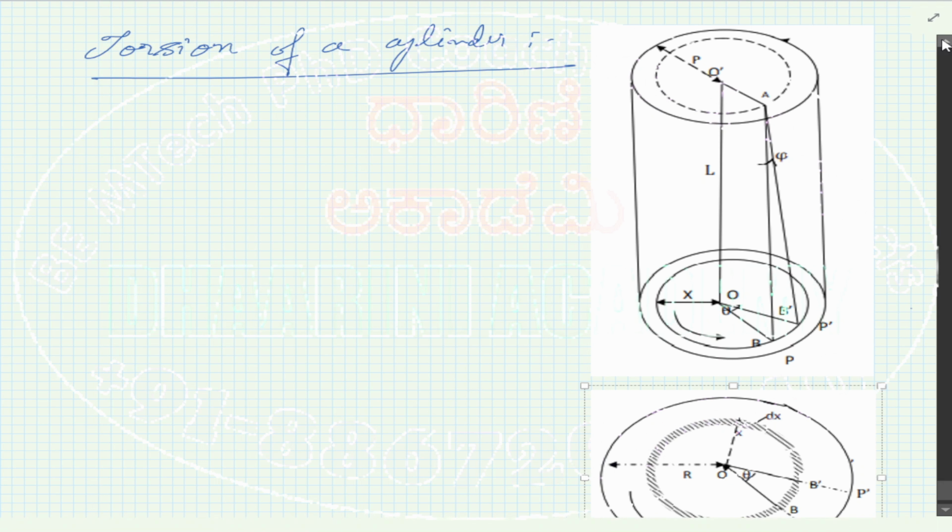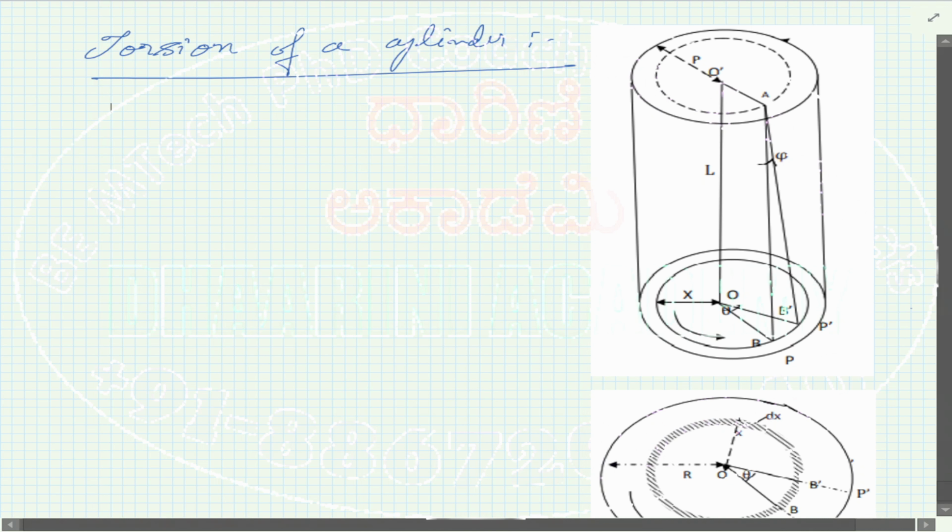Now let us consider a cylinder whose length is L and radius is R. Okay, so let's start. L is the length of the cylinder, R is the radius.